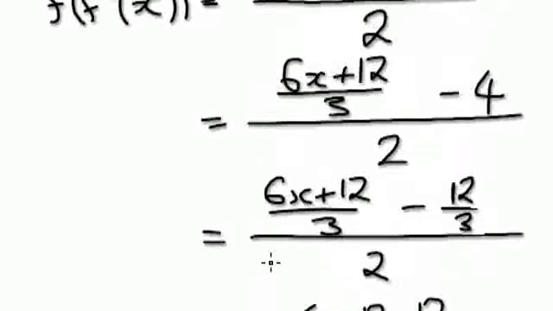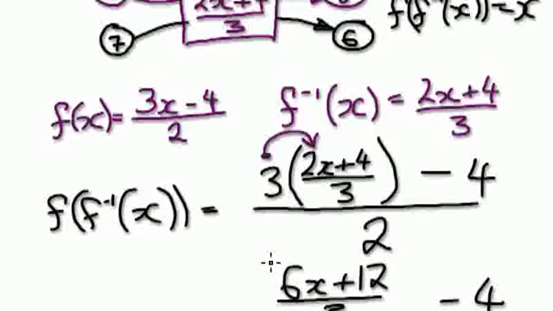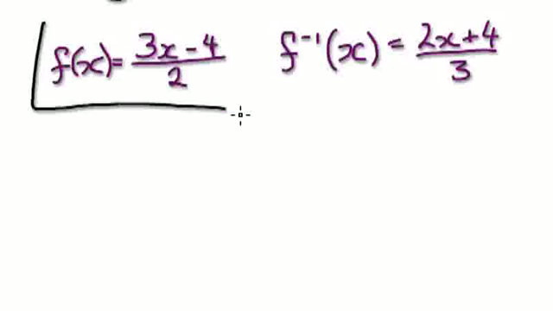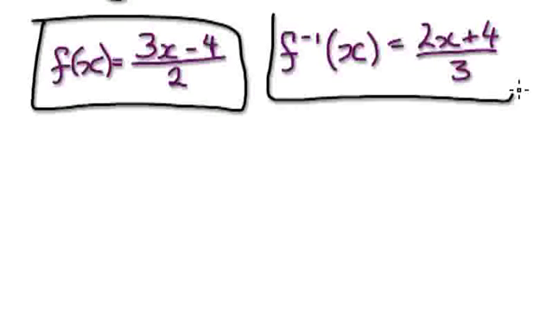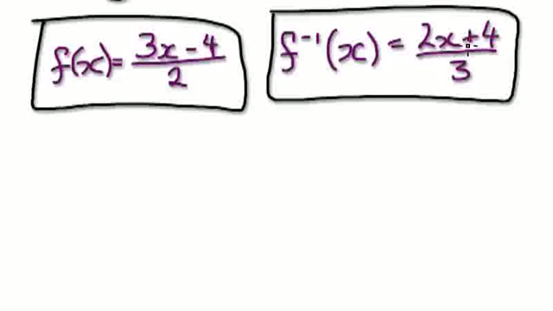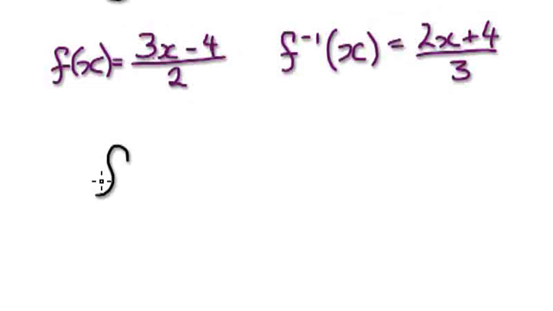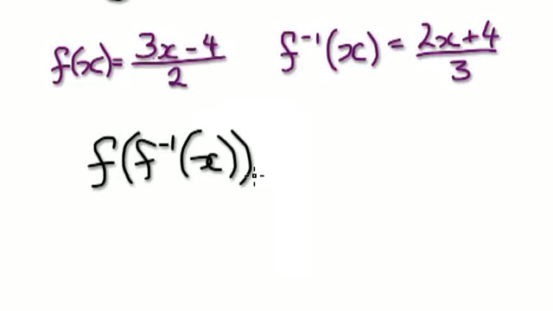So going back to here, given f of x is this, and the inverse is this here. If you put the inverse into the original function, it will equal x.